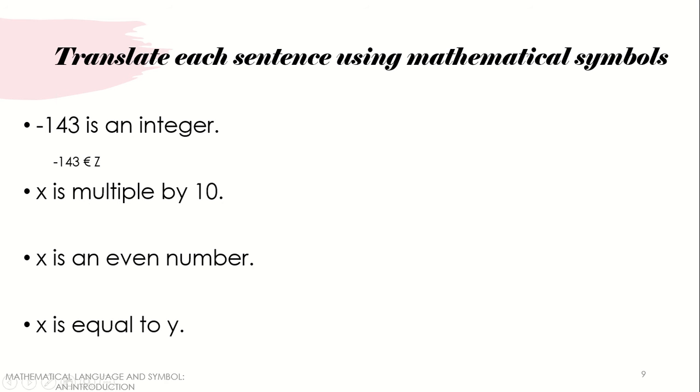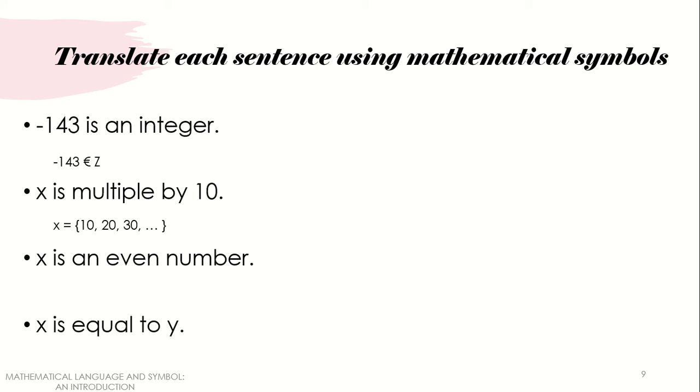Sa pangalawa, x is a multiple of 10. So, we have to think numbers that are multiples of 10. Syempre, kasama na dyan yung 10 mismo. Ano pa? Paano mo siya isusulat? Ganyan.